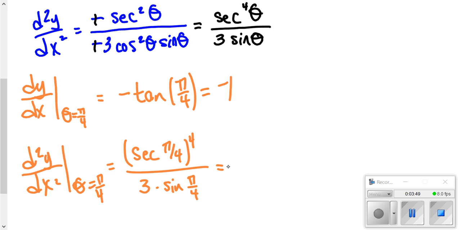And I know that secant at 45 degrees is going to be root 2. So this is root 2 to the 4th. And then down here I'd have 3. And I know usually we say root 2 over 2 for sine of pi over 4, but I think it's actually easier in this problem if I think of the non-rationalized version, 1 over root 2.